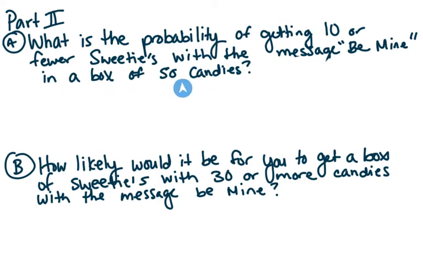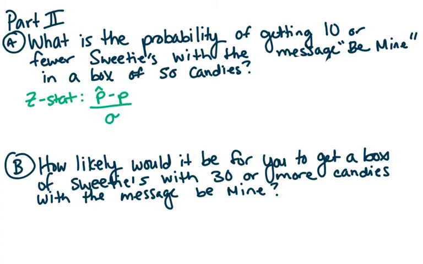So what is the probability of getting 10 or fewer sweeties with the message "Be mine" in a box of 50 candies? For this, I'm going to be using my standard normal table, so I'm going to be using a z statistic. The z stat formula is p hat minus p over our standard deviation.